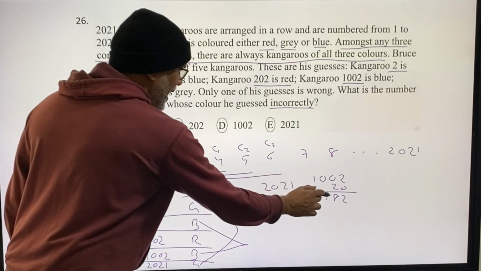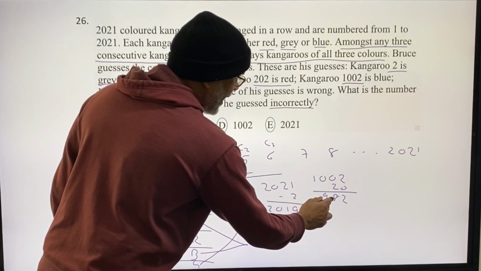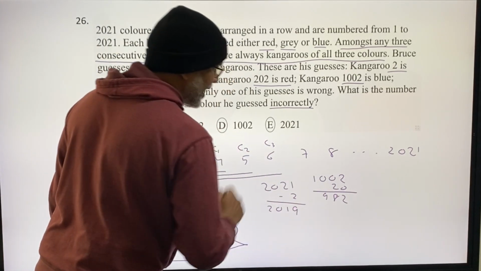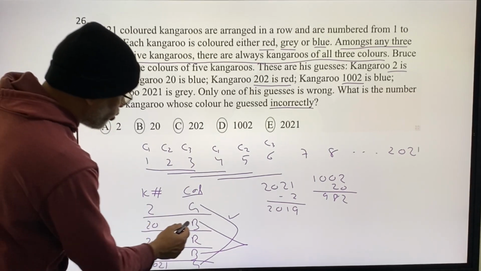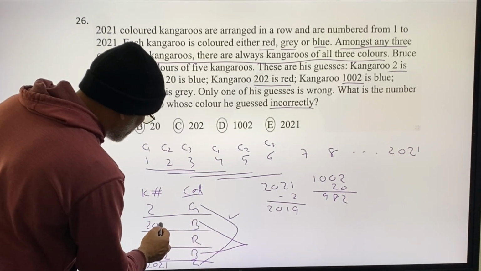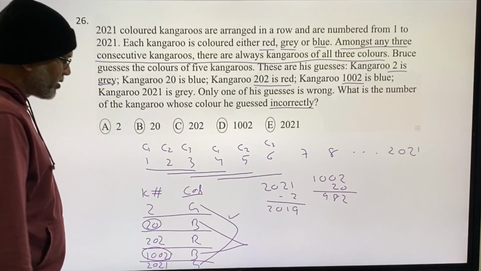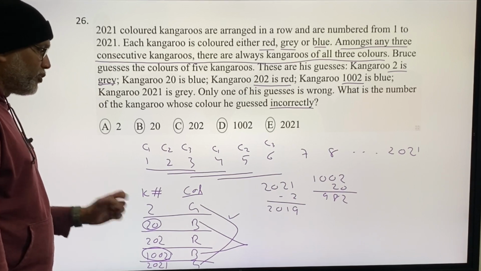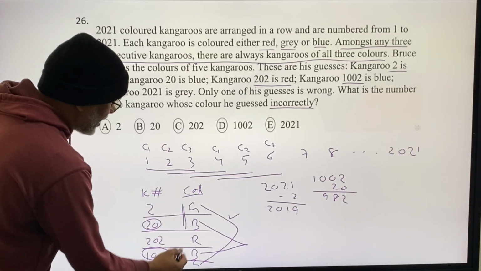Now this number has to be divisible by 3, is it? Now 8 plus 2 is 10 plus 9 is 19. 19 is not divisible by 3, right? So one of these has to be incorrect, right? And which is incorrect?